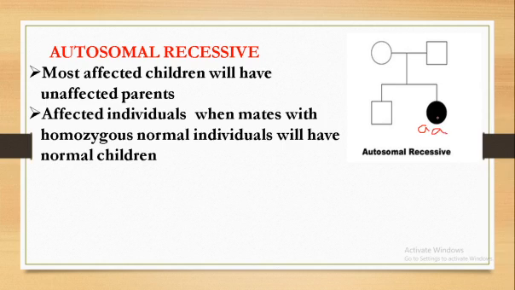Normals are the dominant forms; that we have to keep in mind. Whenever the recessive ones are expressing the trait, the unaffected are the dominant ones.